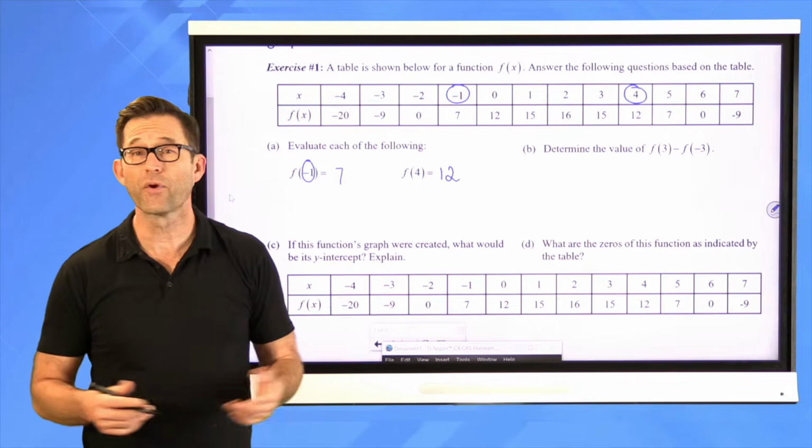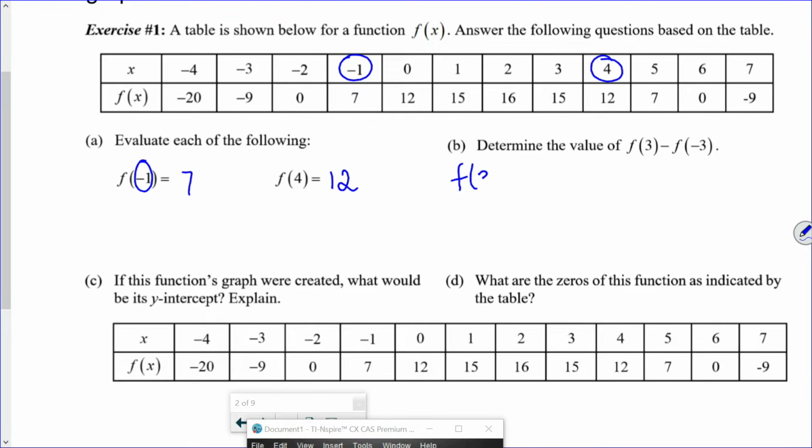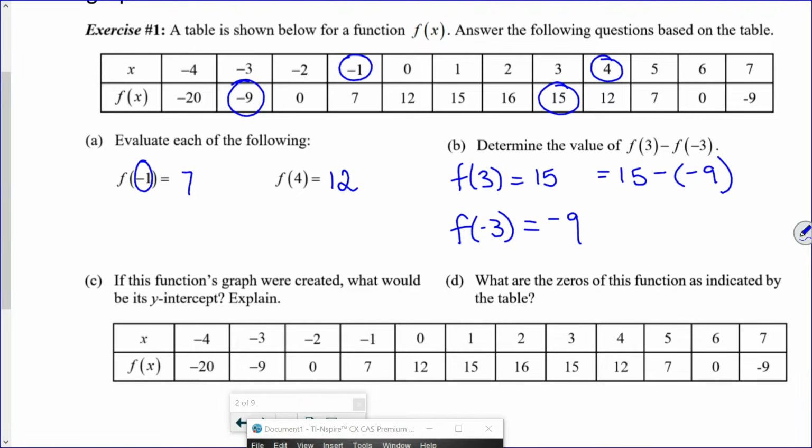All right, well, first, let's just figure out these values. f of 3 is equal to 15. f of -3 is equal to -9. So that difference is going to be 15 minus -9. Be a little careful there. That's going to be equal to 15 plus 9, and that's equal to 24.